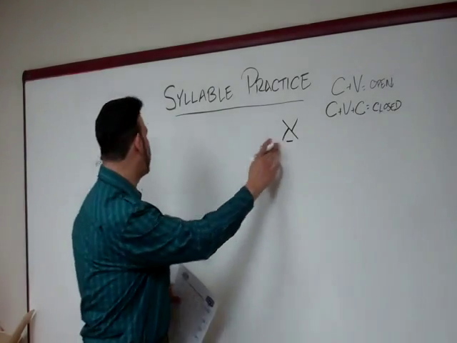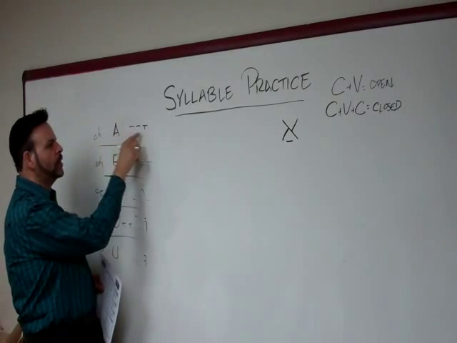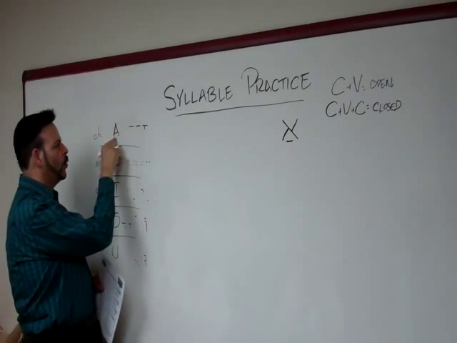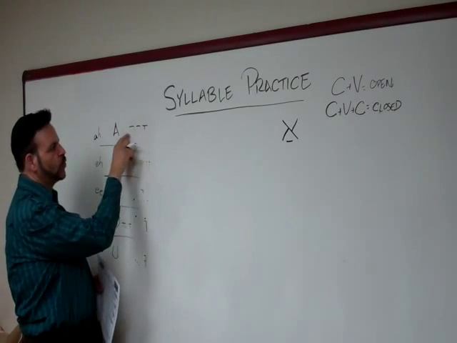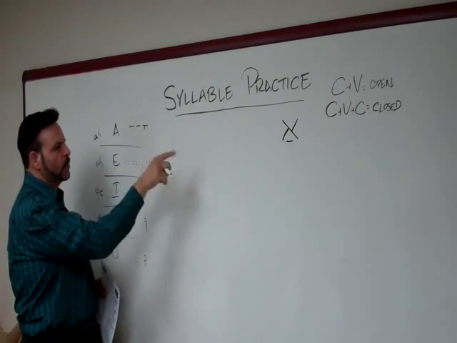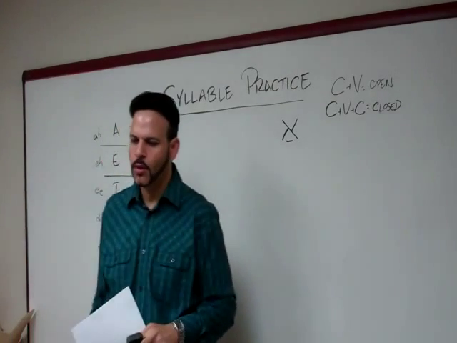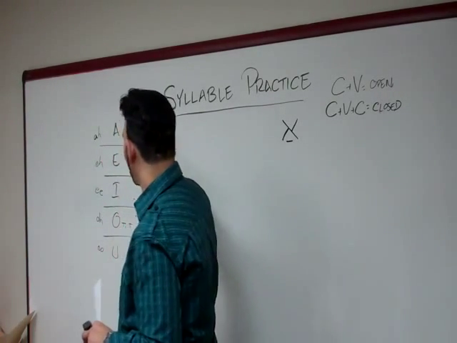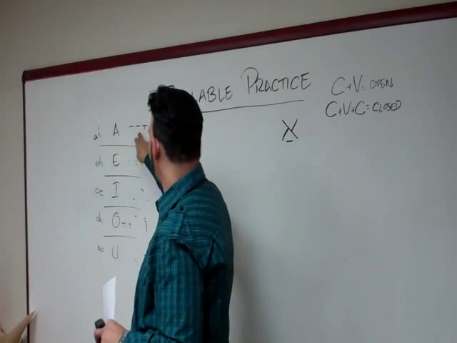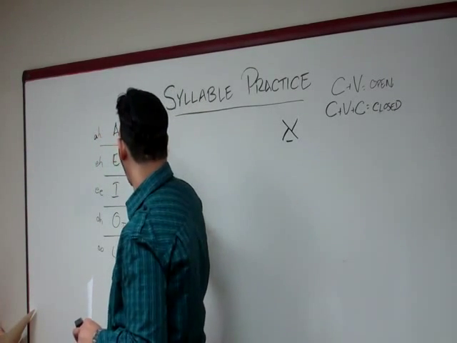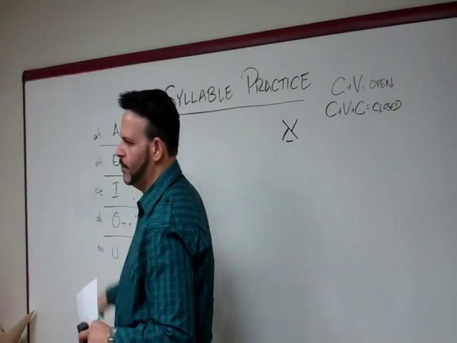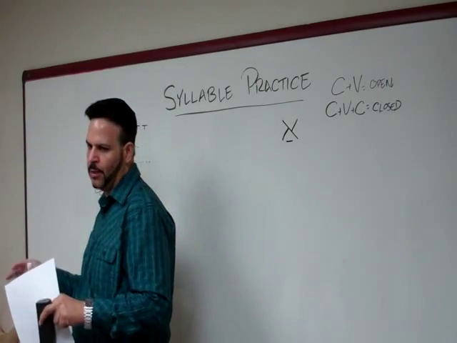So if I put one of these lines, I already know, depending on length, it's going to be an ah sound. The difference is which one is underneath the letter determines how long we sound it. We have long, medium, or short.